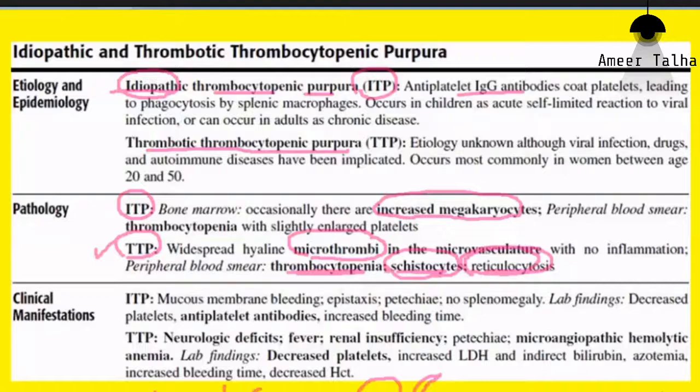Can you see? This is the fragmented form of the RBC, and it gives you an elliptical shape, and this is due to formation of the microthrombi. So this fragmented form of RBC is known as a schistocyte, and the phenomenon is known as schistocytosis.